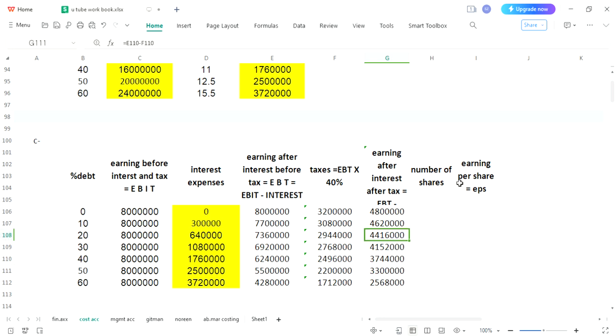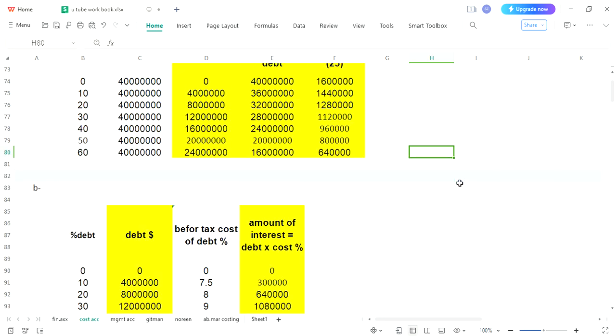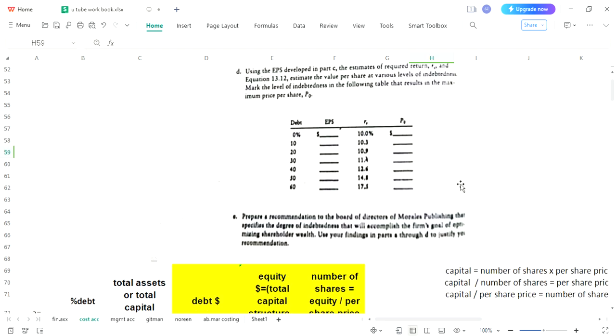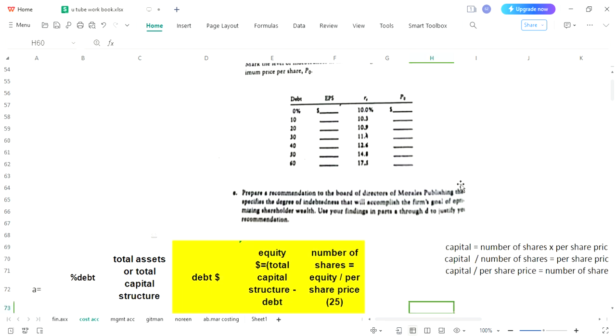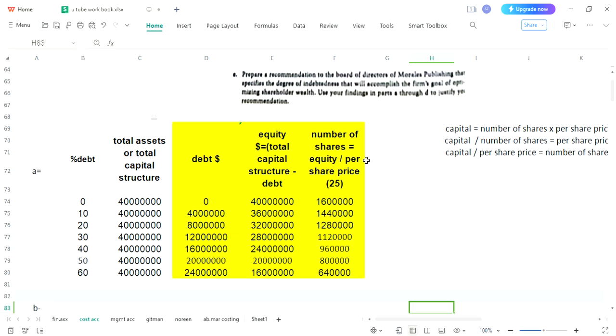Then we need to have number of shares. These number of shares we have already calculated. Let's go back. Okay, now you can see that in part A you have calculated number of shares. Capital was divided by per share price. This was your equity or capital, and this was divided by per share price 25.